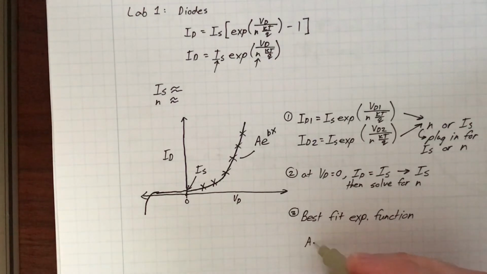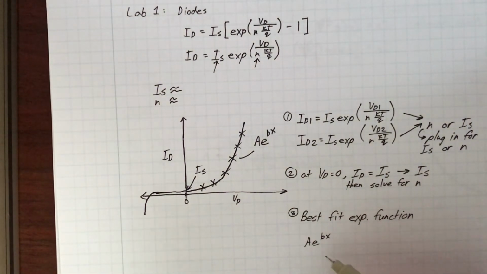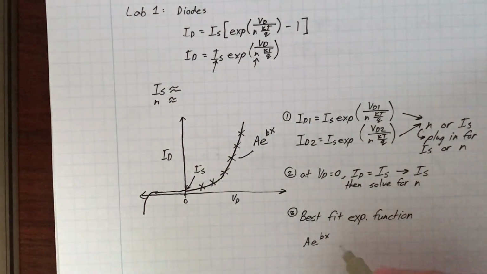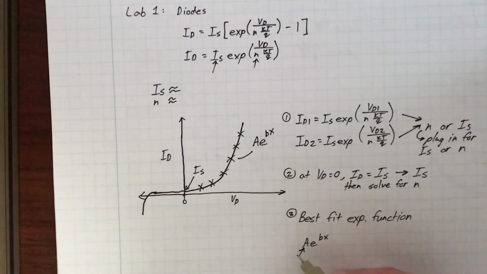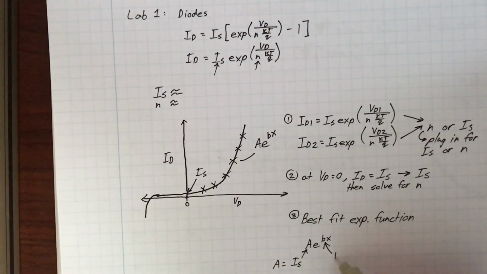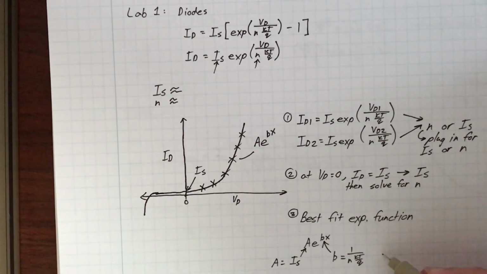So if you have a e to the bx and you get good precision on a and b, you can equate that to: a would be IS, and b would be 1 over N KT over Q, and in this case x equals VD.